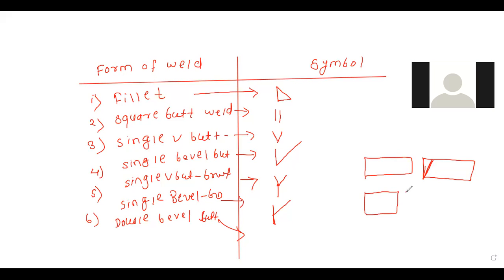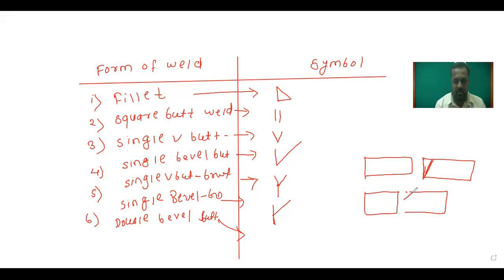I think just like the double V butt joint. See here, we have to cut this edge at a particular angle. And again, this edge also we have to cut at a particular angle like this. And here we have to carry out the welding. How is this symbol looking?